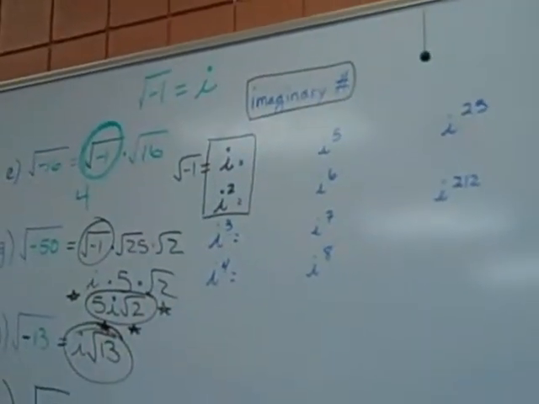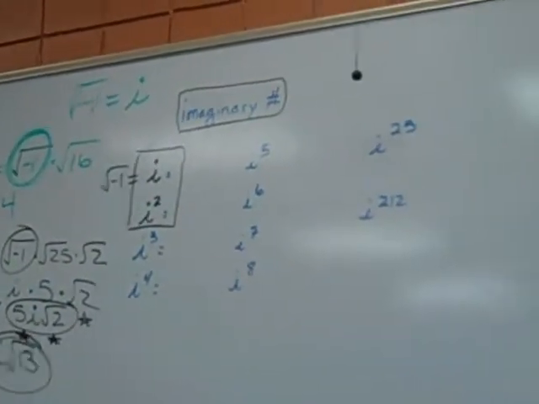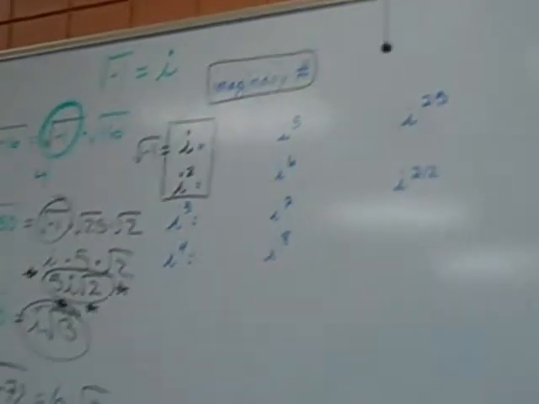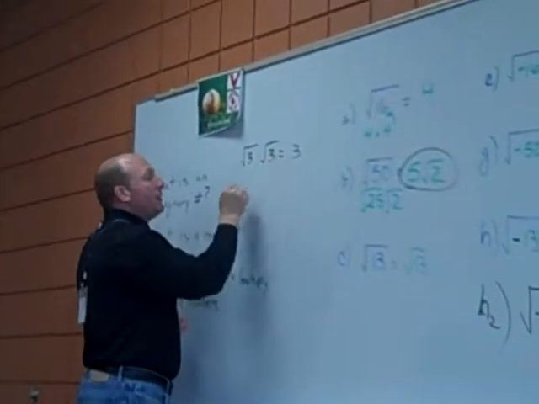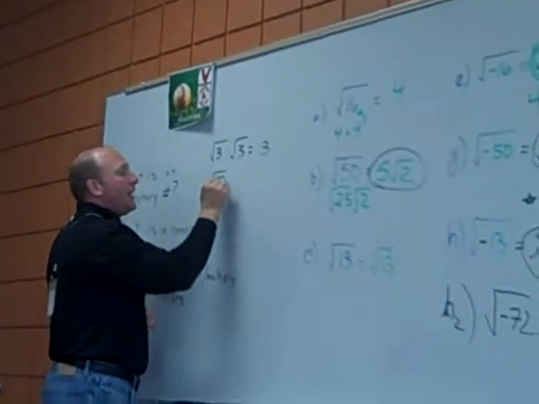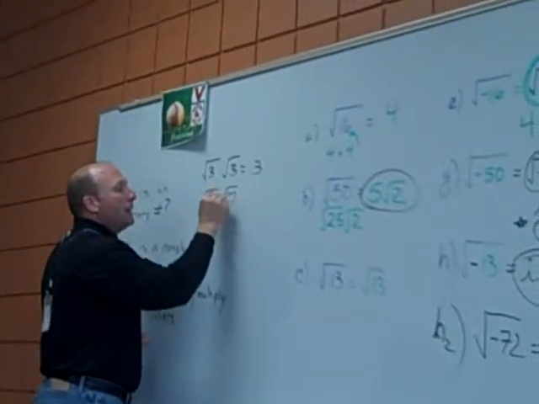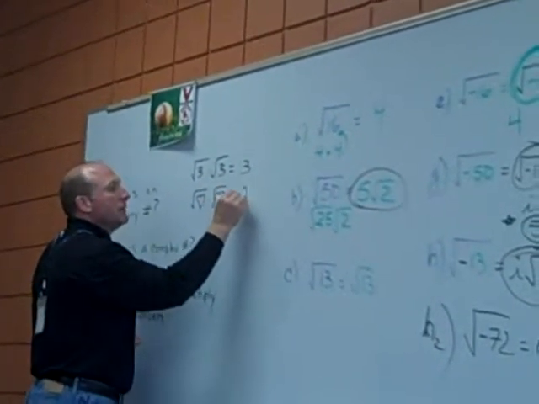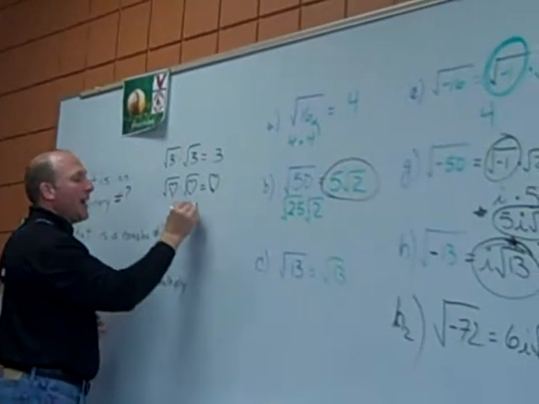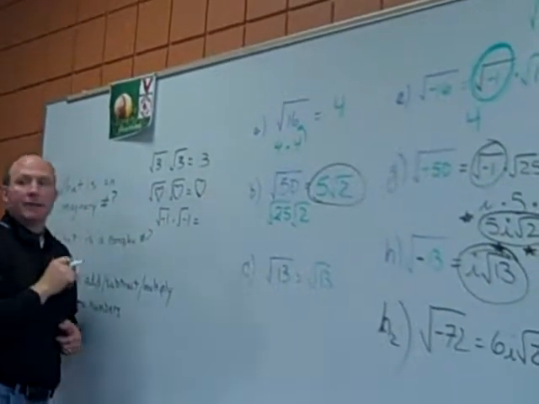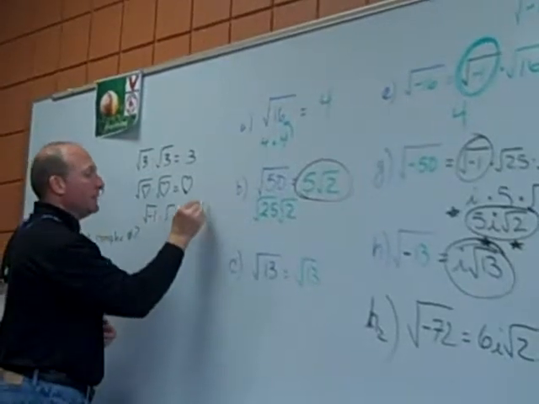Now, based on that theory, let me ask you this. What is radical 3 times radical 3? 3. What's radical heart times radical heart? Heart. Everybody agree at that? What's radical negative 1 times radical negative 1 then, in theory? Negative 1.